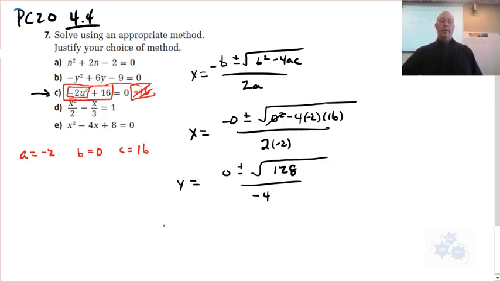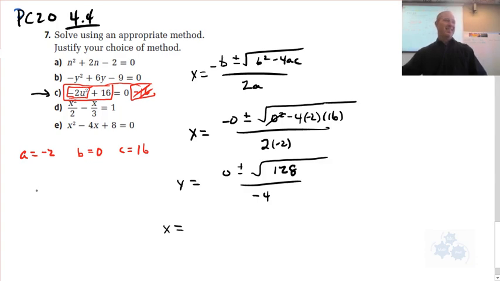So x equals root 128. Now, the square root of 128 is not simplified, but we could simplify it. Does anyone remember how to simplify radicals from previous math classes?